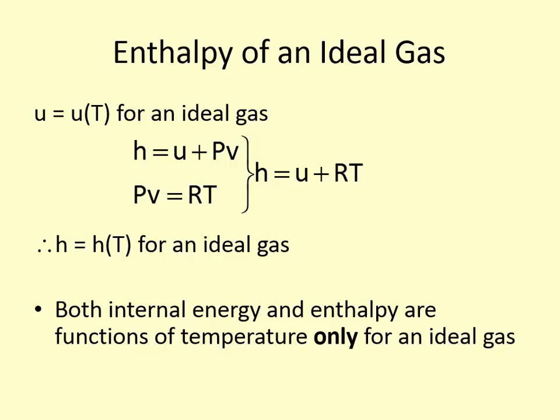We already proved that internal energy was a function of temperature for an ideal gas, and R is not a function of temperature. It's a constant that's a property of the substance. And then, of course, temperature is a function of temperature. So H is a function of temperature also. That's big T, not little t for time.